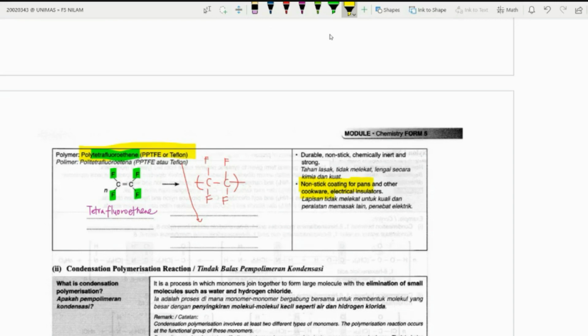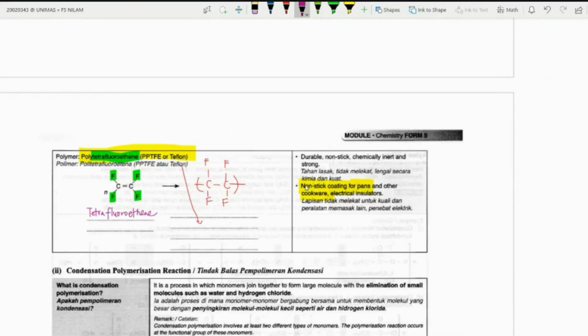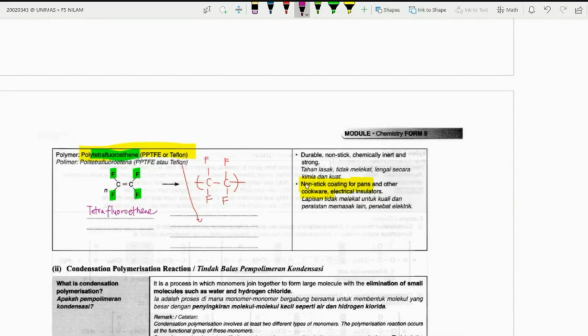There is a lot of naming for the polymers, but as long as you know the concept of how to draw the polymers, then it should be okay. Don't forget this one times n, and this one also times n. Can you still follow? Okay, our lesson tonight ends here.